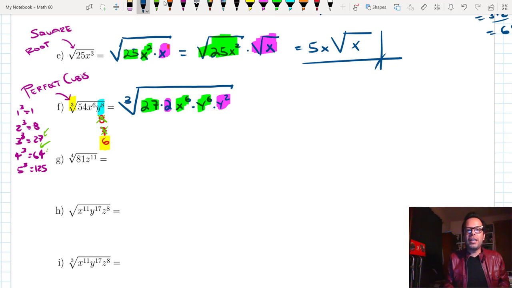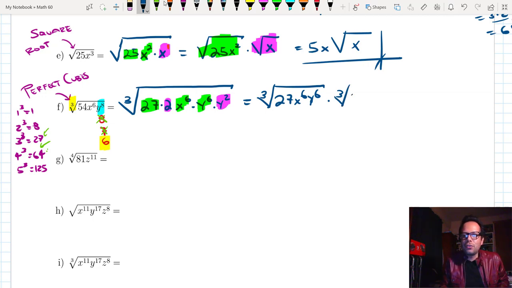I'm going to write two separate radicals. One cube root with the perfect cubes, 27, x to the 6th, y to the 6th, times the cube root of 2y squared.